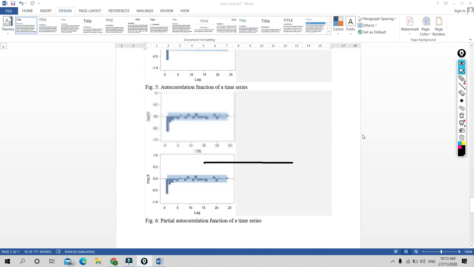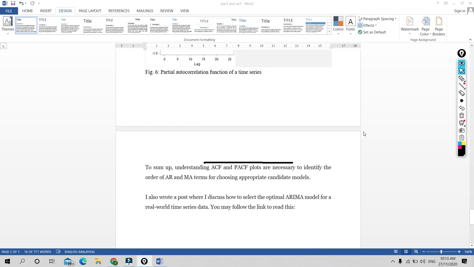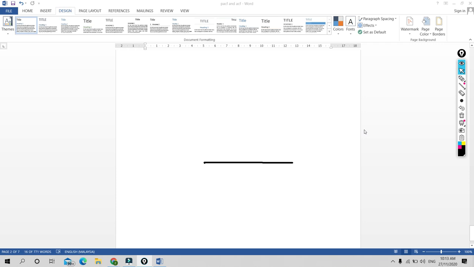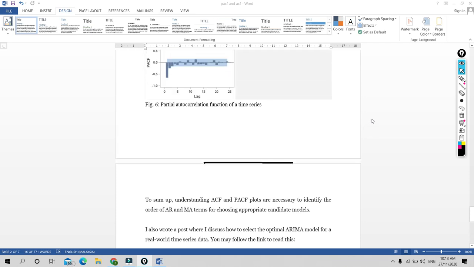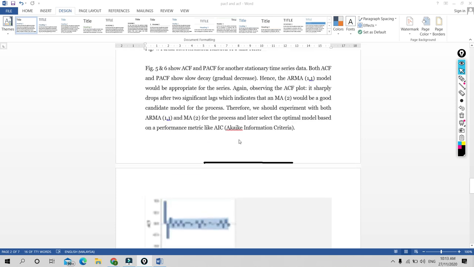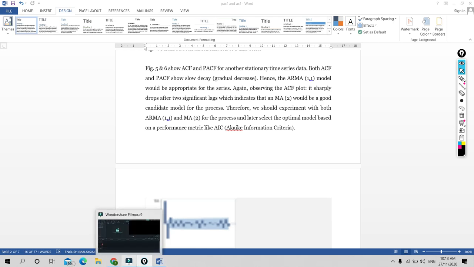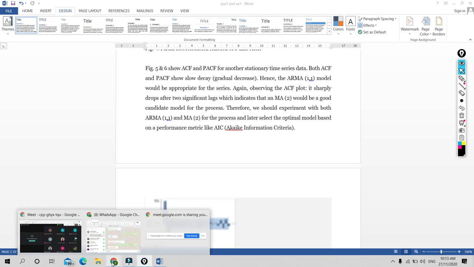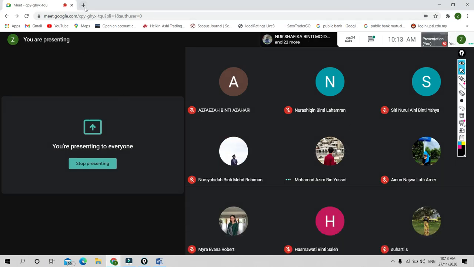Okay, before we go to this Twitter, kita ambil satu contoh lah macam mana you nak buat correlation ya. Let's say I have the data of sales here. Sales against time, where Y is the sales, Yt.